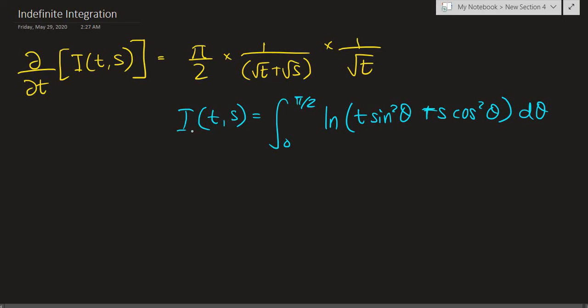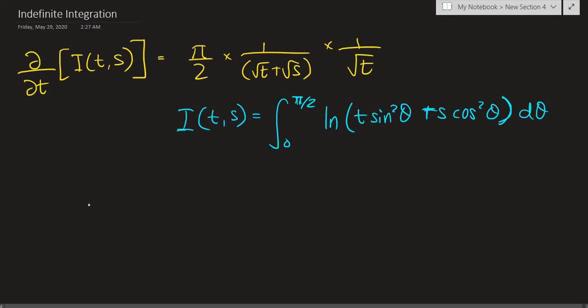Although we'll be integrating with respect to t, it will be hard to handle both of the parameters at the same time, because we need t and s to have certain values for us to go back to our original problem I, which will be t equals 49 and s equals 81. So we need to handle two parameters at the same time. So instead of finding suitable upper and lower bounds to our integration, let's just integrate indefinitely and then we'll obtain a constant of integration by default, and we'll get rid of the constant of integration by doing some background computation later on.